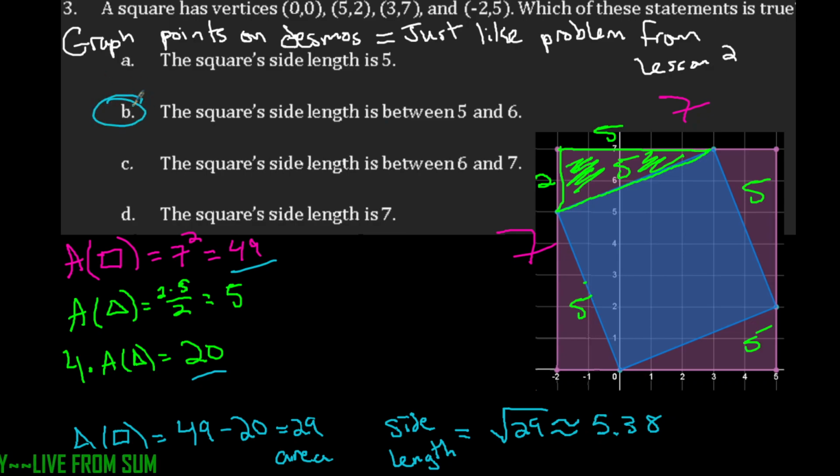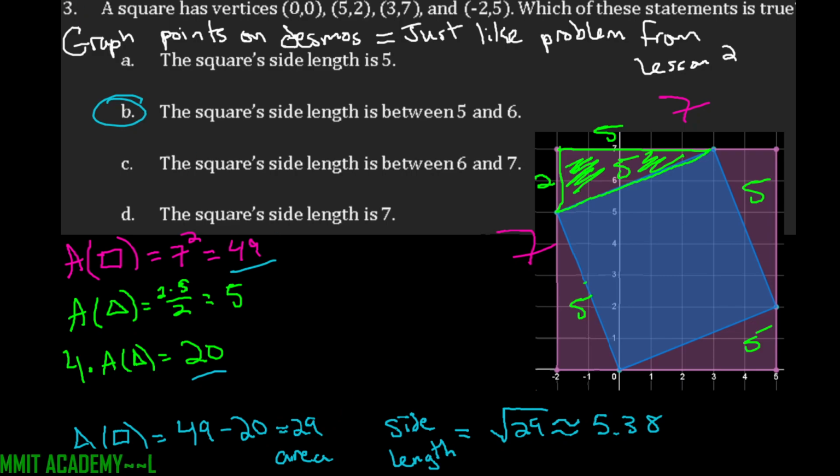And so if I'm looking at these numbers, I'd say it's going to be in between 5 and 6. If you're looking at these decimals, always think of money, so that way it's easier to work with. The square root of 29 is going to be in between 5 and 6, or you could say 5.38 is in between 5 and 6 as well. So that side length has to be the square root of the area.